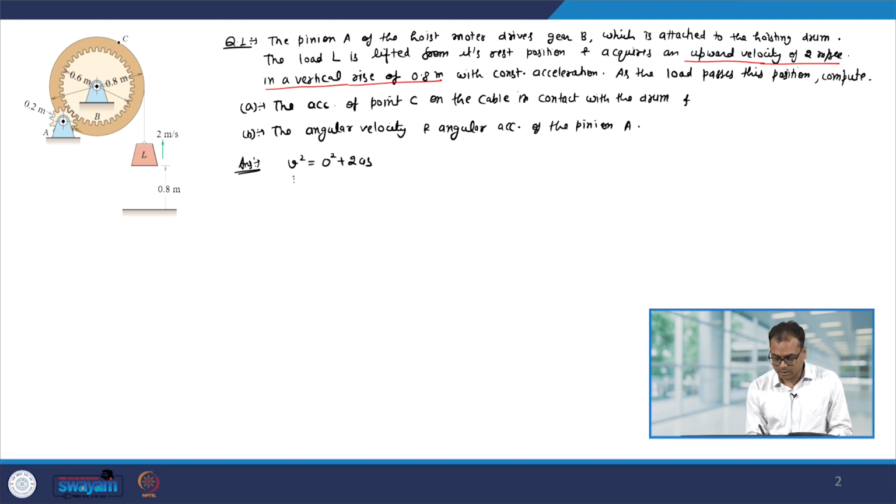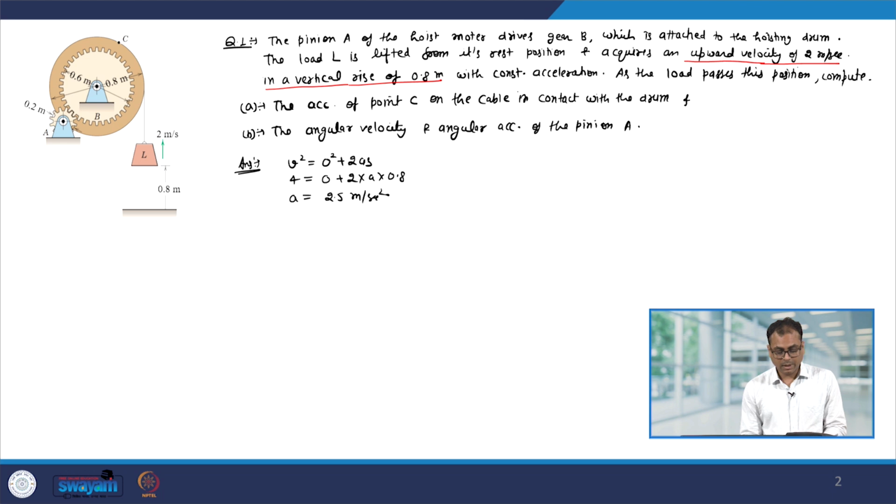Now, v is 2, so 4 equals 0 plus 2 into a into s. s is 0.8 meter, and from here we get the acceleration, which comes out to be 2.5 meter per second square. This is the acceleration of the load.